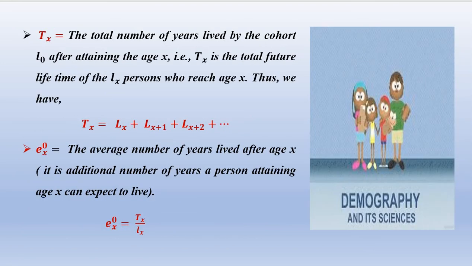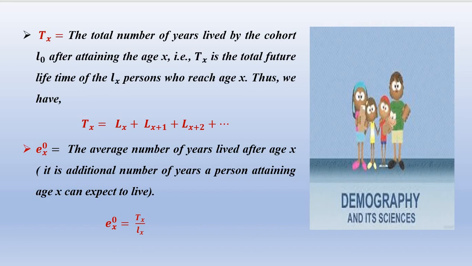Then capital Tx, this is the total number of years lived by the cohort l0 after attaining the age x. That is, Tx is the total future lifetime of the lx persons who reach age x.